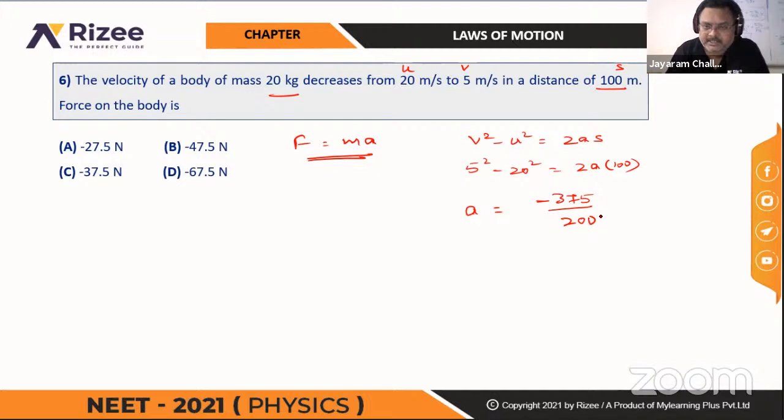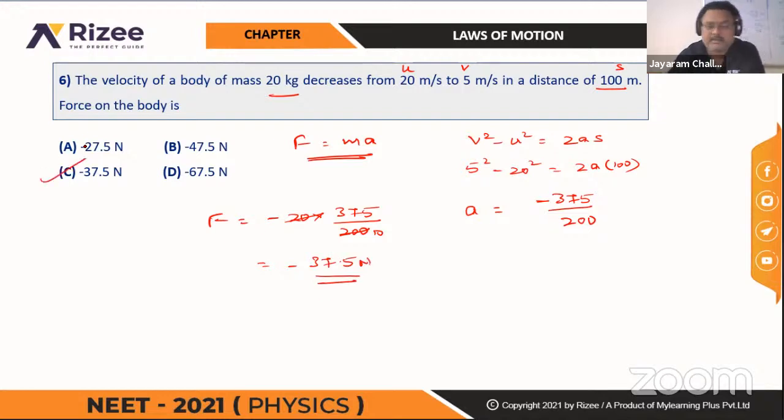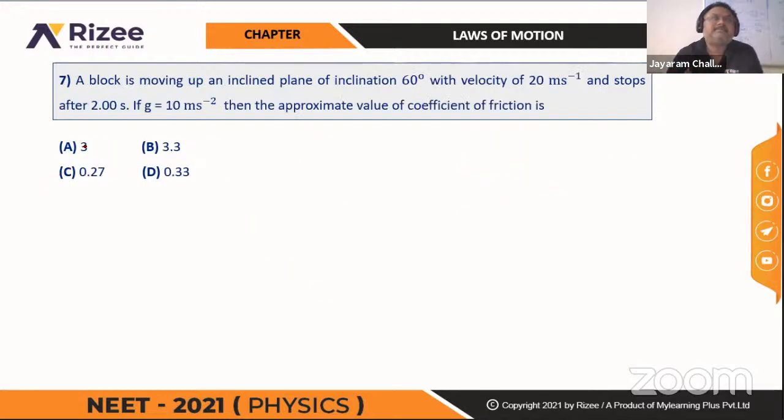So this is our acceleration, and substitute in the force. F is equal to ma, mass is 20 kg, into 375 by 200. So let's take this as 10 times, and this will be minus 37.5 newtons. So this is our option.